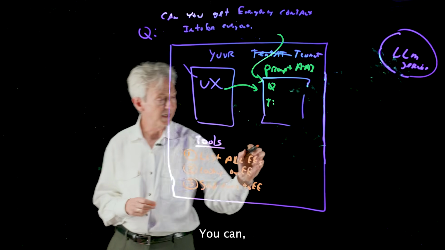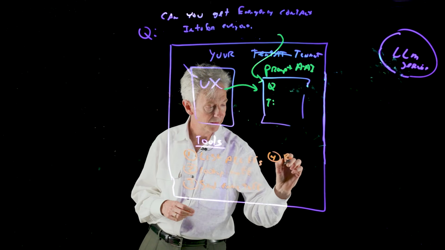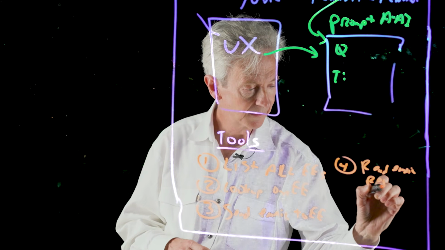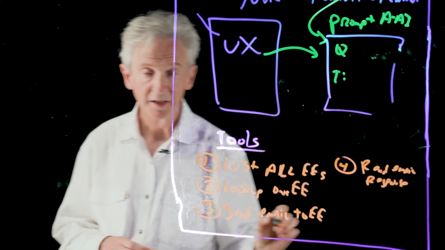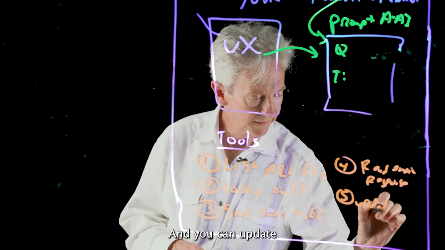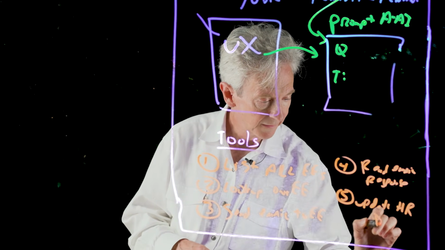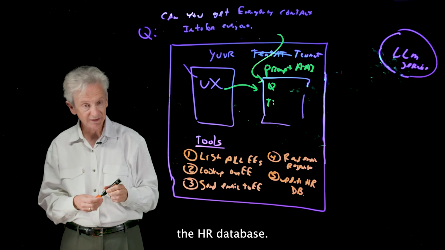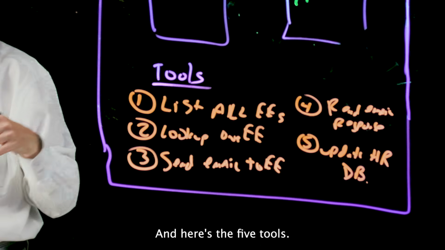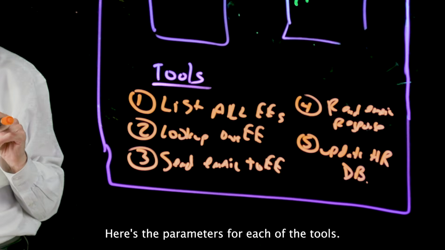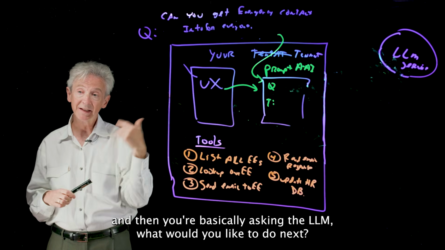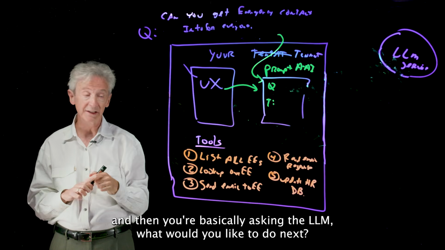You can read an email response back from an employee. And you can update the HR database. Okay? Here are the 5 tools, here are the parameters for each of the tools, and in your prompt, you have this instruction. And then you're basically asking the LLM, what would you like to do next?